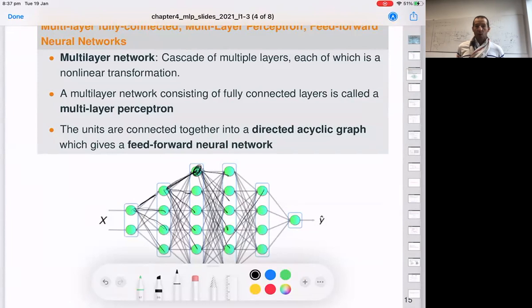This is the reason why it's called fully connected. And it's feed forward because it goes in this direction, and you don't have a connection where an output comes back, for example, there. We will see that this kind of network is possible when you deal with recurrent neural networks, but at this stage, we just go forward. So it's a feed-forward neural network. Make sense?